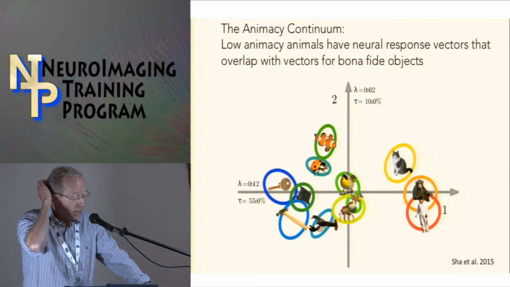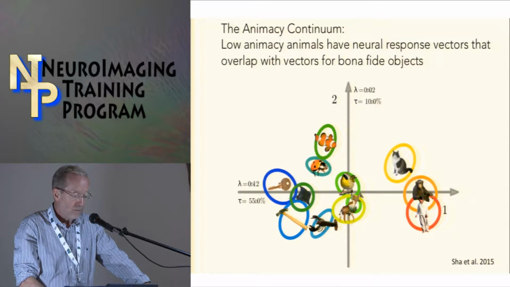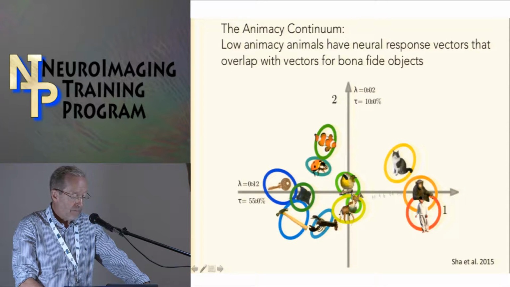So Long Shot did a follow-up study where he had primates, mammals, these are cats and giraffes, birds, he had lobsters, stingrays, ladybugs, and clownfish, and then hammers and keys. And found the animacy continuum again, with the primates on one end, and the lower order things like bugs and fish on the bottom, and the birds and non-primate mammals in between.